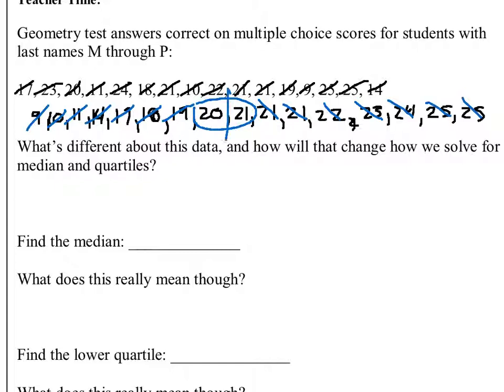A split median. So I have to find out what's between 20 and 21. Well, it's really nice when they're consecutive numbers because we know what's going to be directly between them. Yeah, so 20.5. There's really no need to add and divide when they're right next to each other.